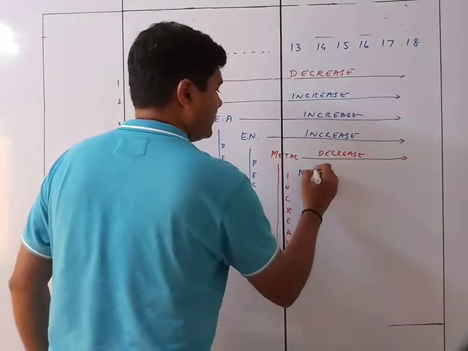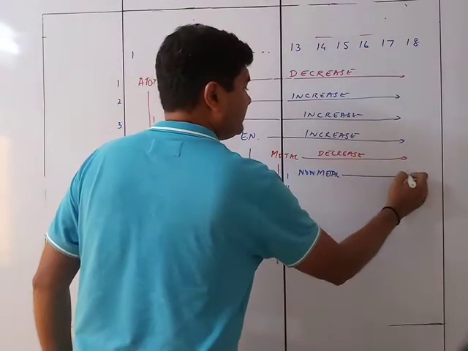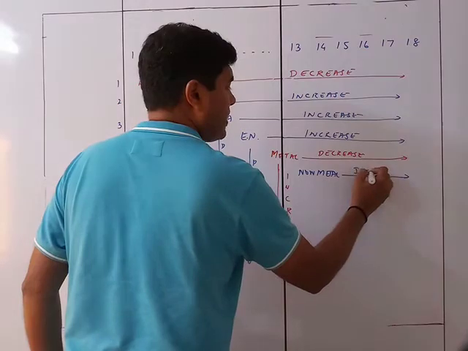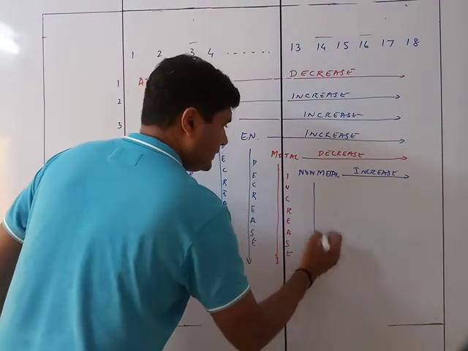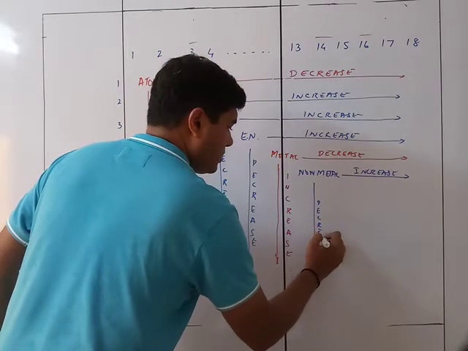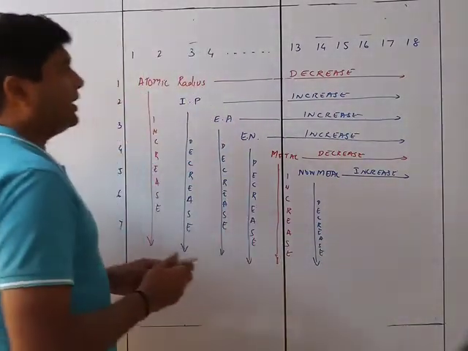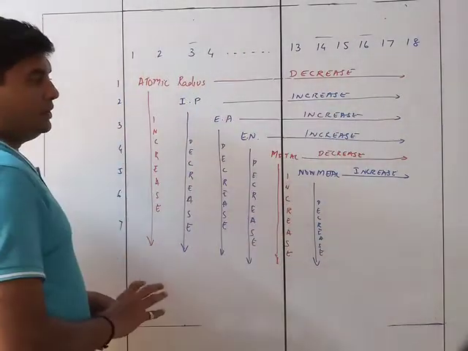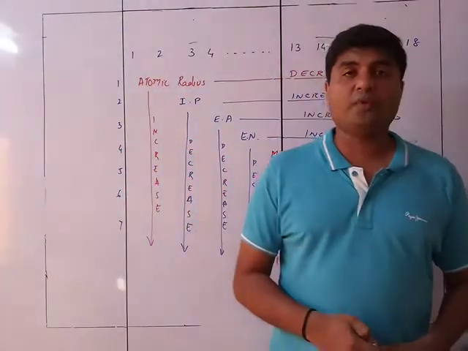So non-metal, this is going to increase, whereas this is going to decrease. So this was about the complete periodic properties of a periodic table.